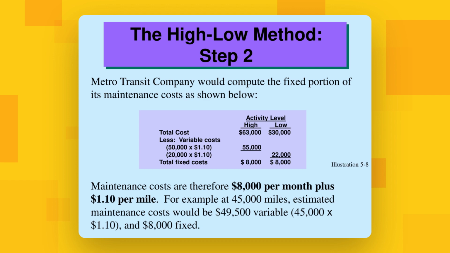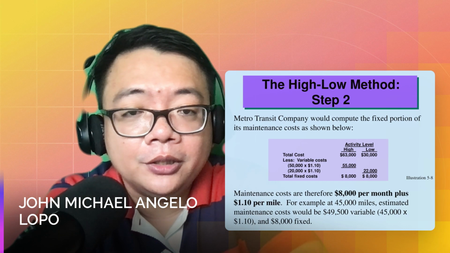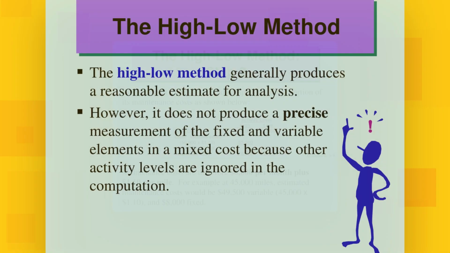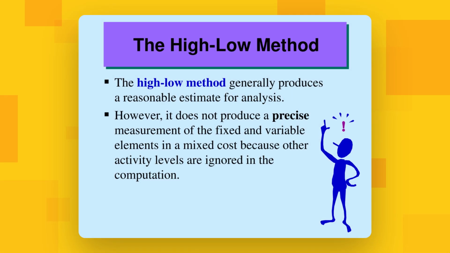So hopefully class, you understand this high-low method. What is the essence, or what would be the pros and cons when you use this high-low method? The high-low method generally produces a reasonable estimate in separating your variable and your fixed.